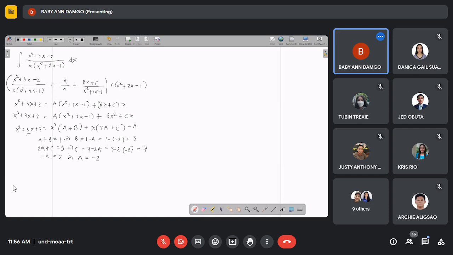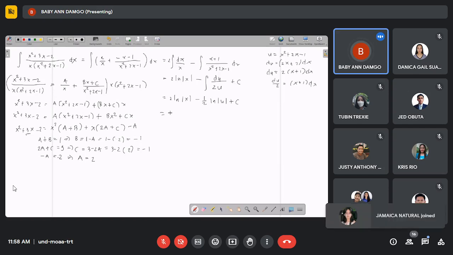And then x squared plus 2x minus 1 is u plus C. Okay? So we have 2 ln absolute value of x minus 1 half. Integration of du over u is ln absolute value of u plus C. So substitute the value of our u, which is x squared plus 2x minus 1 plus C. And this is the final answer.